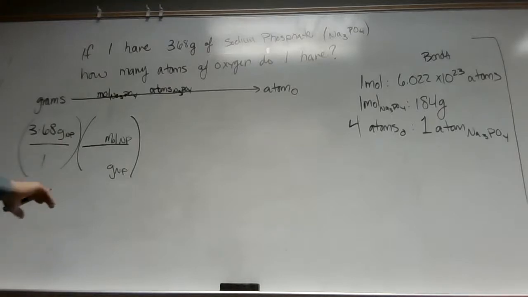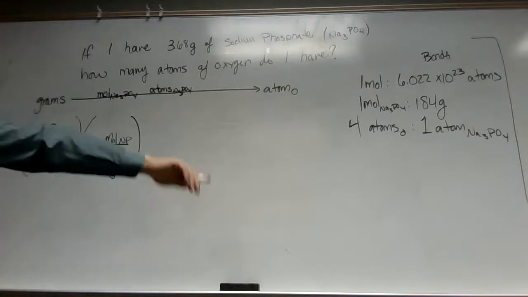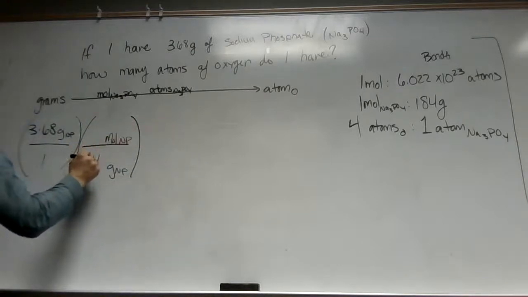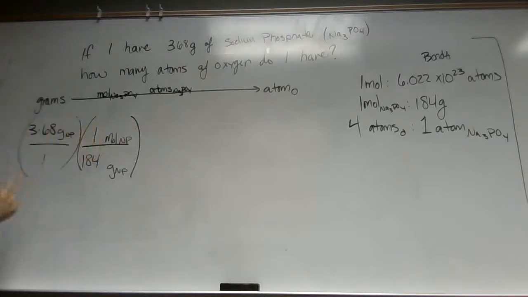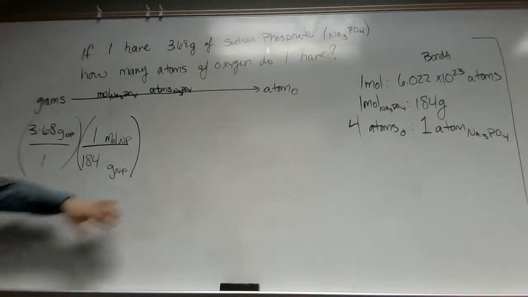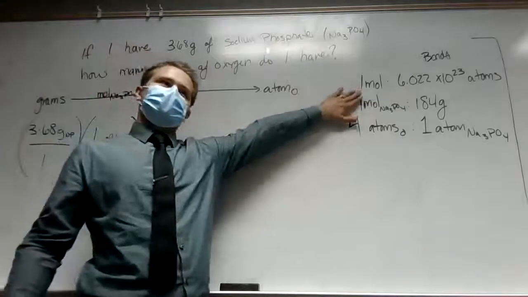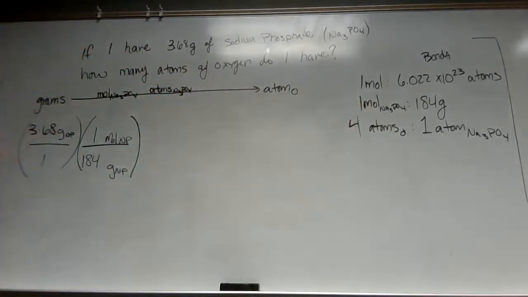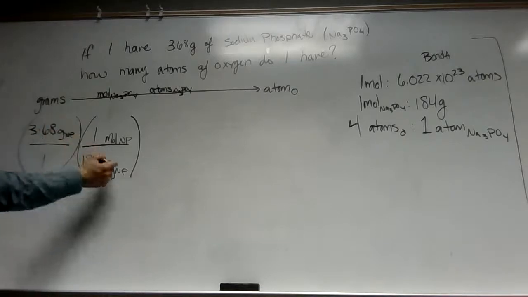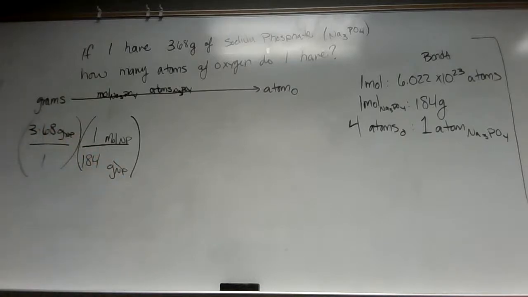And what's our conversion for this? Well, 184 grams to 1 mole. That's the conversion factor right here. So now our grams of sodium phosphate cancel, and we're just left with moles of sodium phosphate.